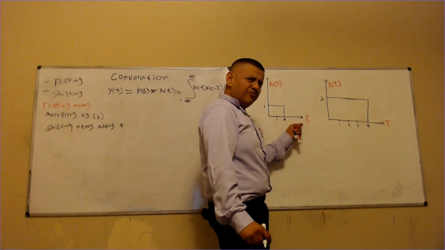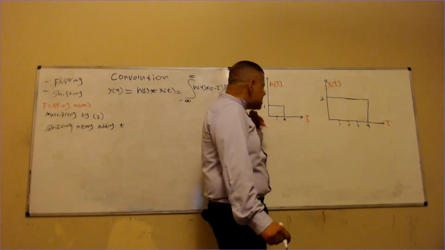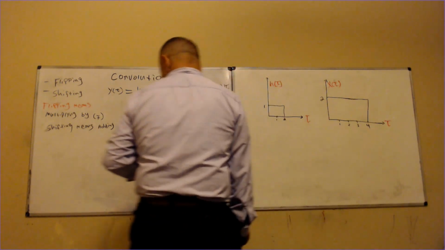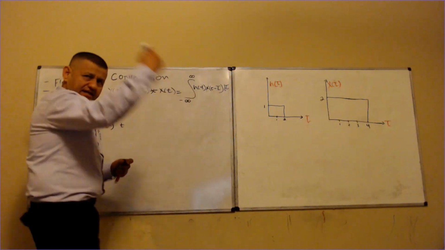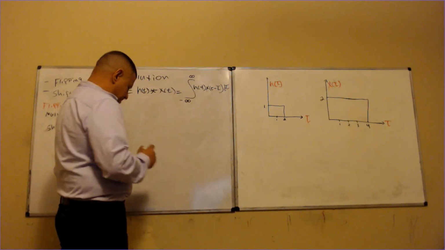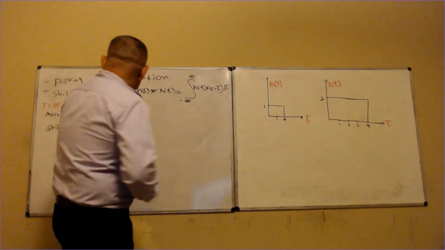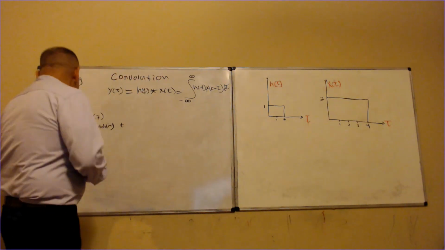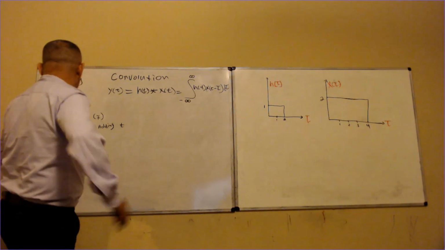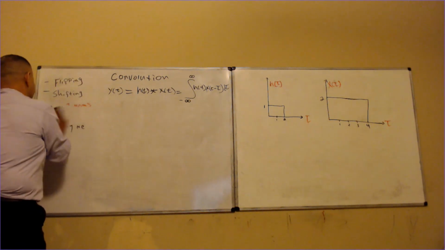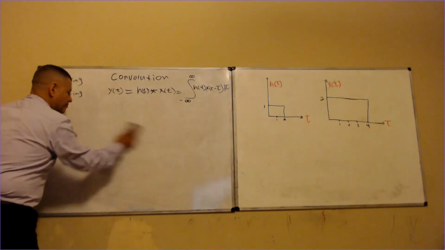Now remember that we have a tau. We have to add a t right here, right? So we have to reintroduce that t that was originally there. Okay, so with that being said, let's do that.